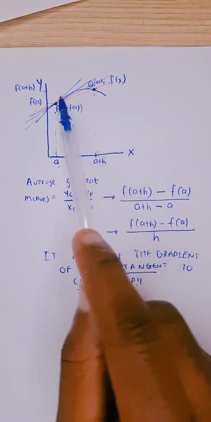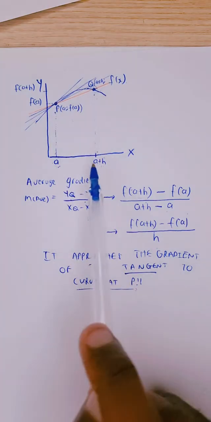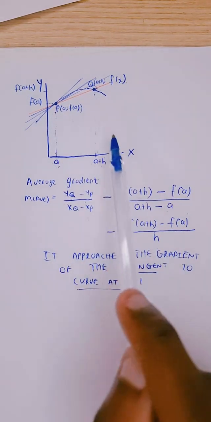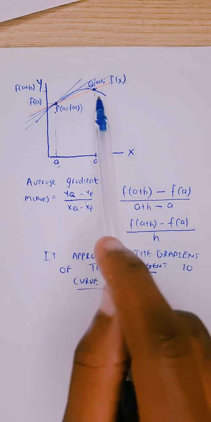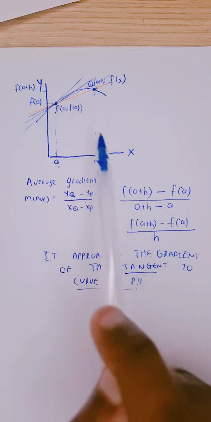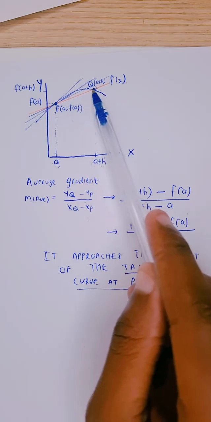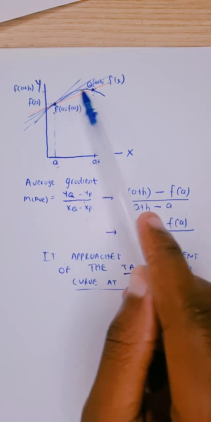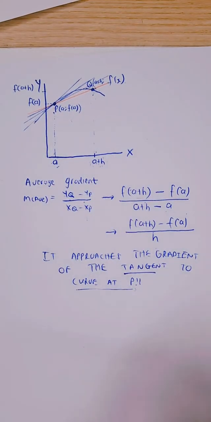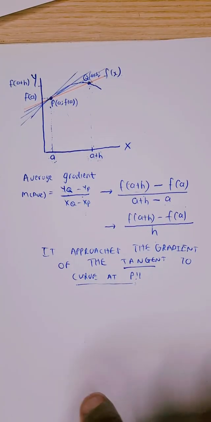and as Q nearly coincides with P, this H value is approaching 0. If Q would be exactly at P, then H is 0. But as Q gets closer and closer to P, H is tending towards 0.